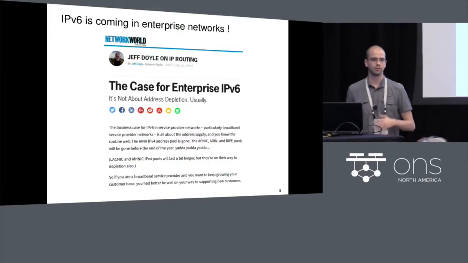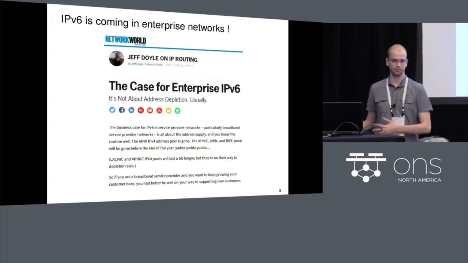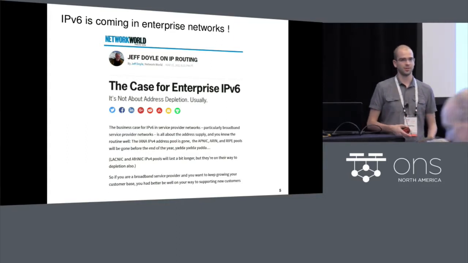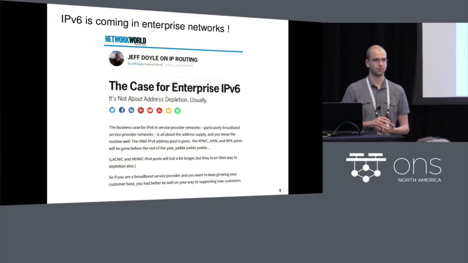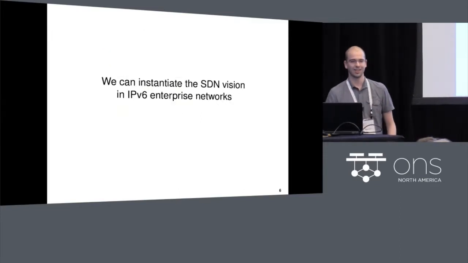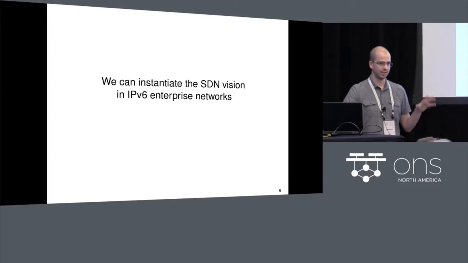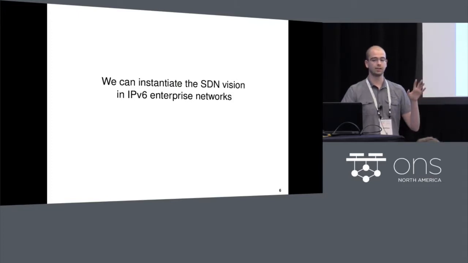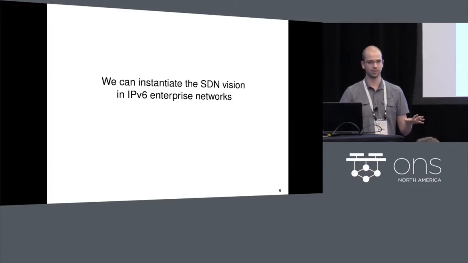So I will use IPv6 segment routing to solve this issue. My point is that IPv6 will eventually come to enterprise networks, so it's not that unrealistic. And I want to instantiate this SDN vision in IPv6 enterprise networks.